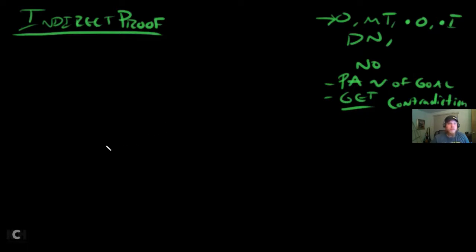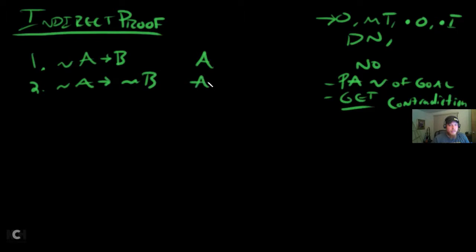So let's take a look at this problem, and let's put this into practice here. Let's say we had something like this. Let's say we had squiggle A, arrow B, as an assumption. And we've got squiggle A, arrow, squiggle B as a second assumption.